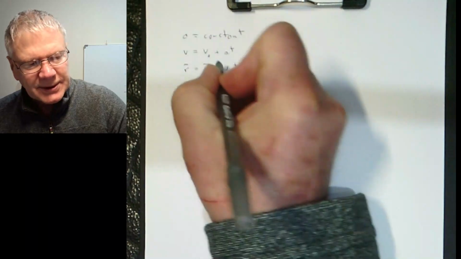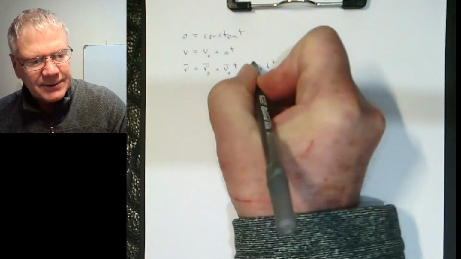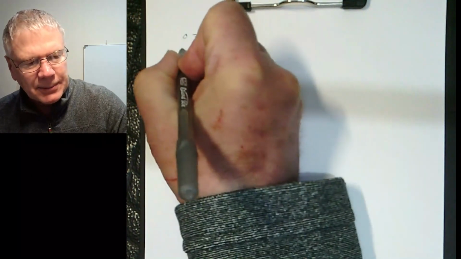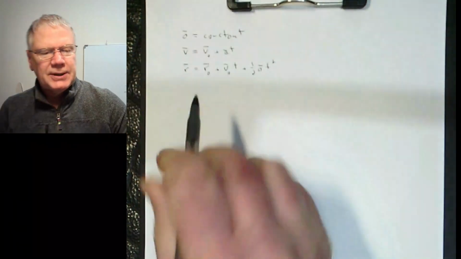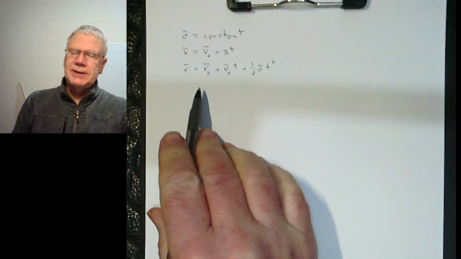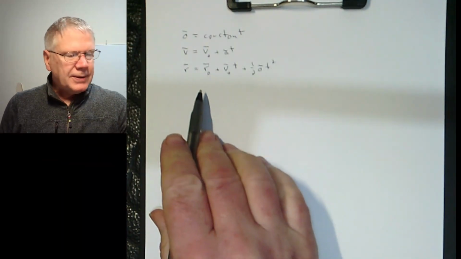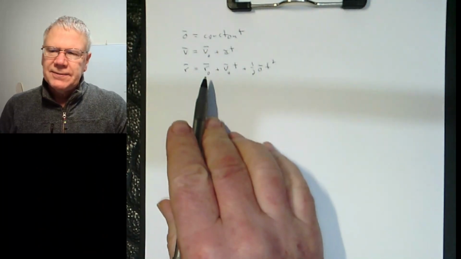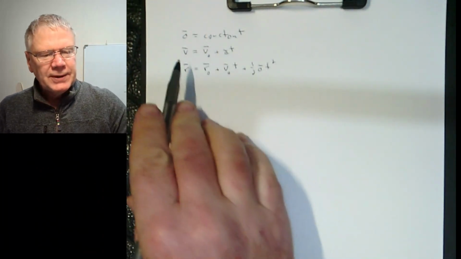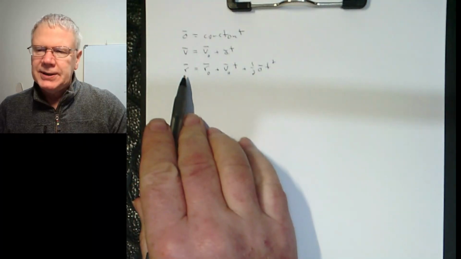So all of these are vector quantities except for time, and I'm going to put a bar over top of them to note that. The bar over top means it has x, y, and z components. What this is really saying is a rate of change. The velocity is the rate of change of your position.